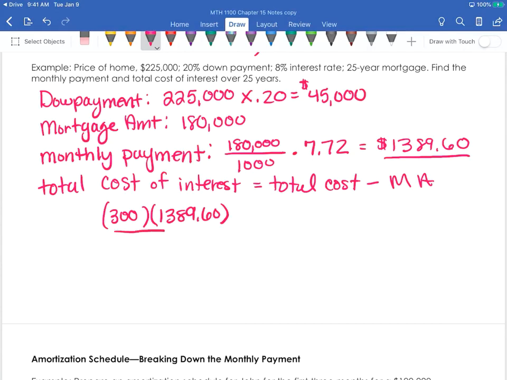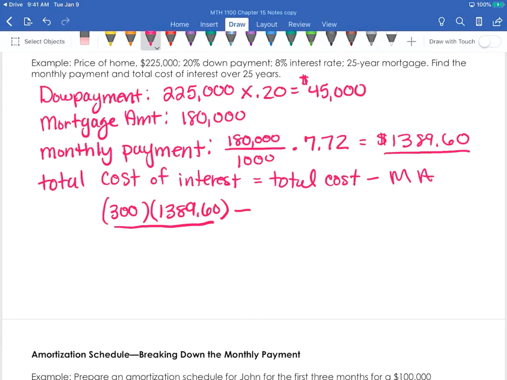So this will give me the total amount that I paid over time. And when I subtract off the amount that I borrowed, which is the $180,000, what's left over would be the amount of the interest. So when I work this out on my calculator, I'm going to get $416,880.